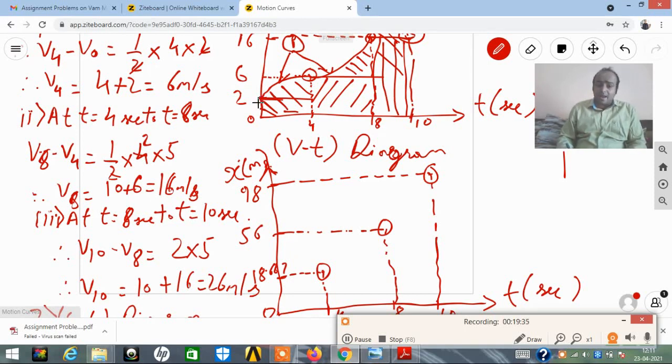Since the value of velocity is increasing from here till here, the third degree cubic curve will be in the same direction because it is increasing. Again, this is a second degree parabolic curve. Again, the third degree cubic curve will be in the same way.